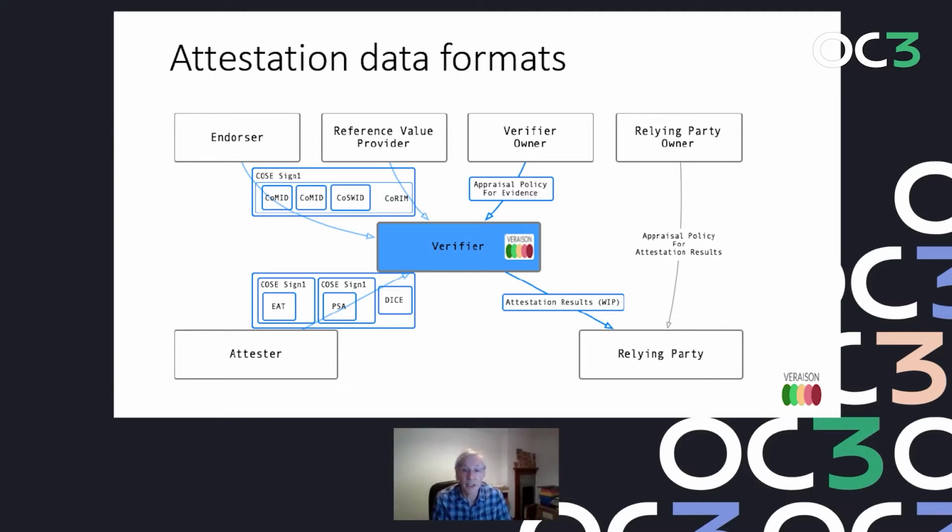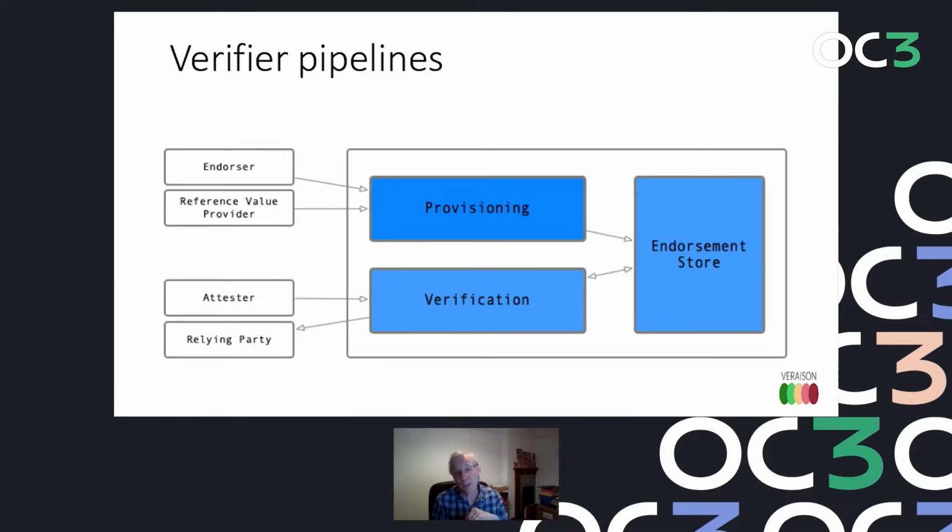Similarly, the attesters can produce a variety of different token formats, and there's a lot of work to produce implementations that support the various particular underlying technologies or architectures. Then this information flows into the two main pipelines, the provisioning one, which is needed to set up the data which the verification pipeline uses to be able to check things.